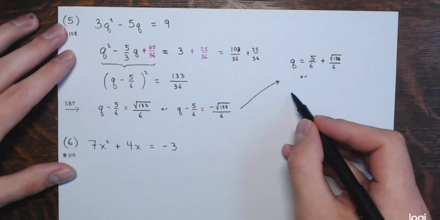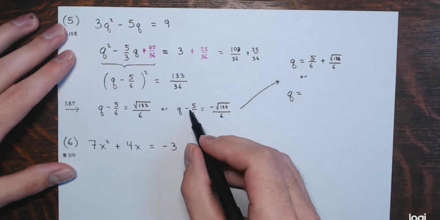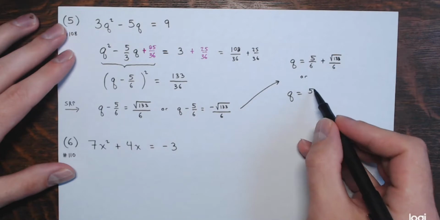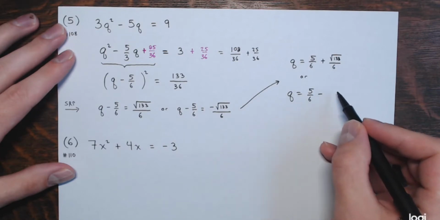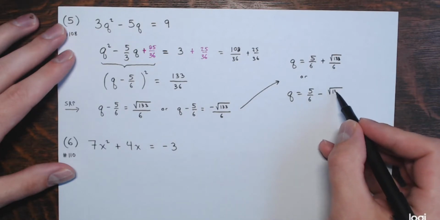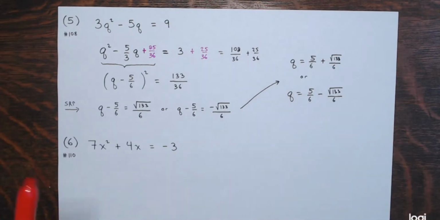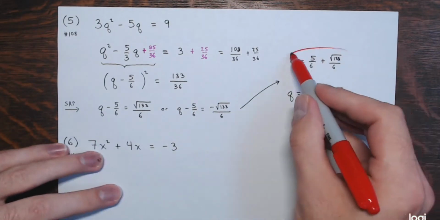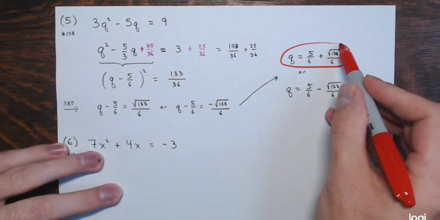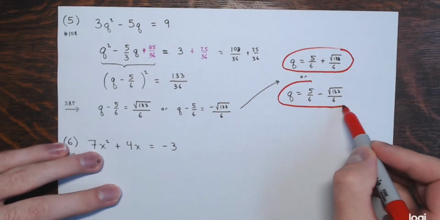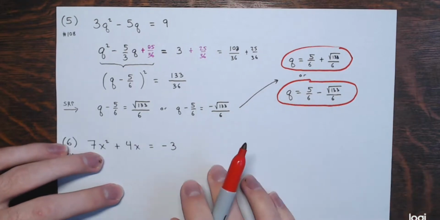Or the other equation, adding 5/6, you get positive 5/6 minus the square root of 133 divided by 6. Right. And check them, with a calculator or by hand. By hand would be kind of annoying, but they both should work.